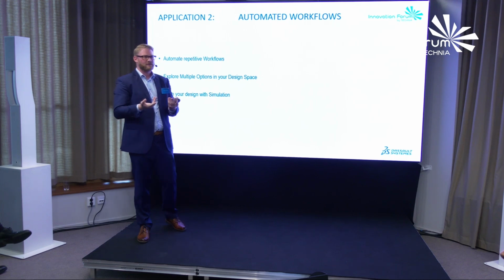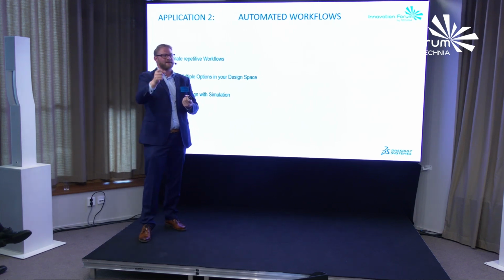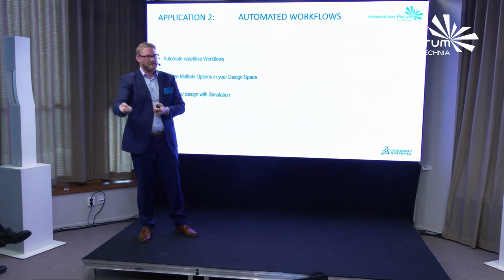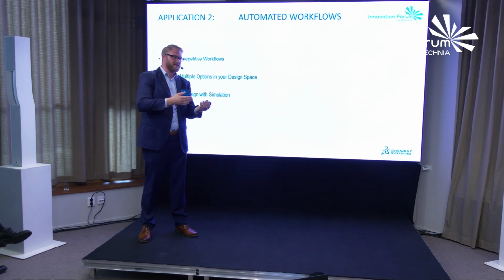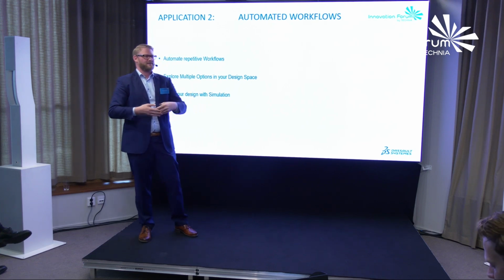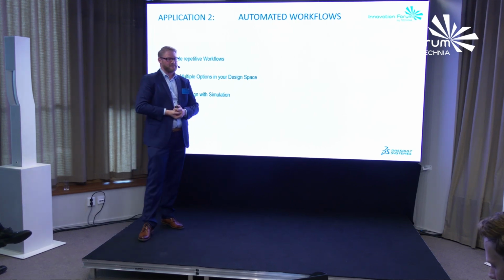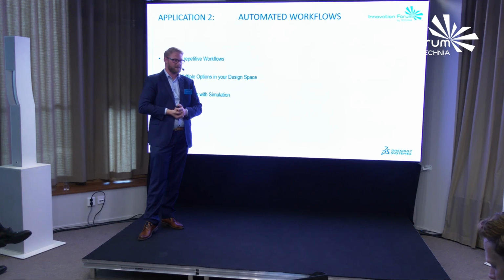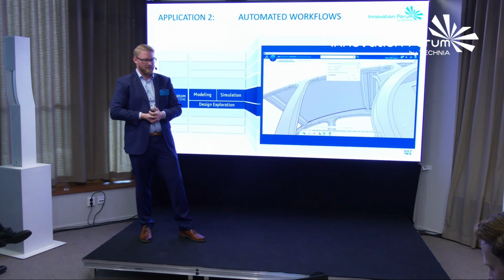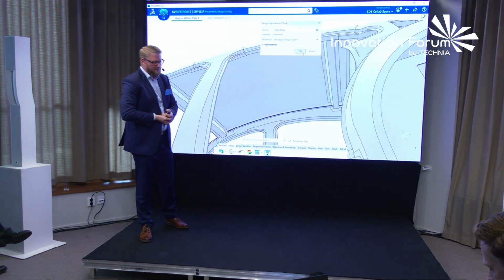So why should we manually edit a parameter, then send it to someone else to simulate, and then analyze the result? Why not just explore the design space with all the options that make sense, and afterwards pick the 2-3 options that are the best, and decide on those 2, 3, 4 options which are the ones I want to proceed with, right? And this can look, for example, like that.